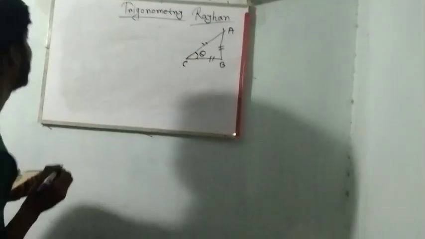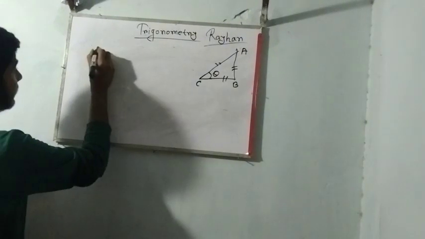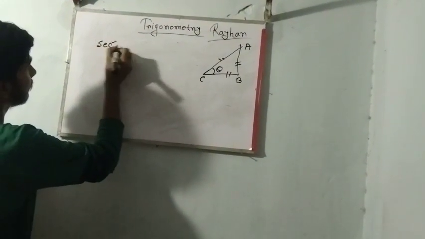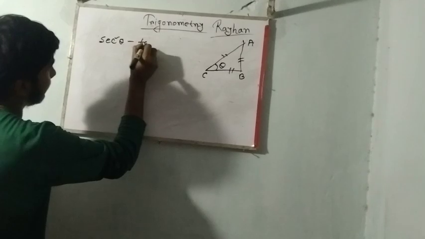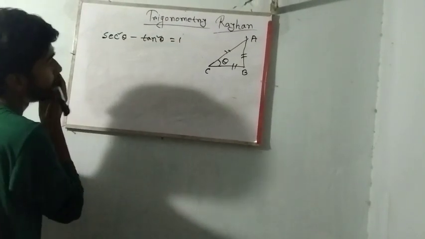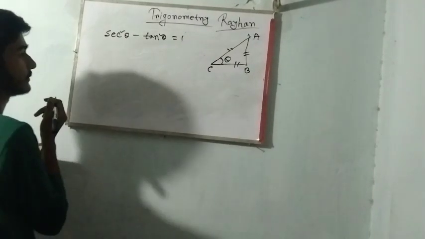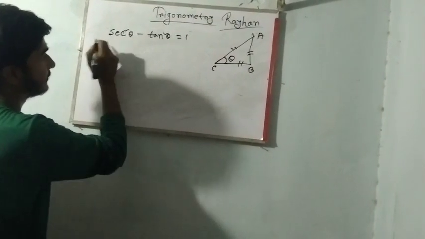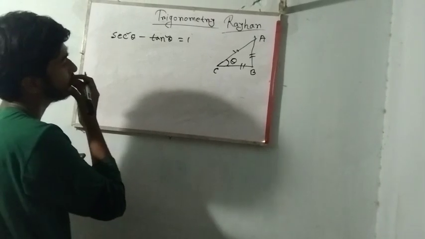Now we'll talk about another identity that is sec squared theta minus tan squared theta equals 1. Sec theta is hypotenuse by base and tan theta is equal to perpendicular by base.